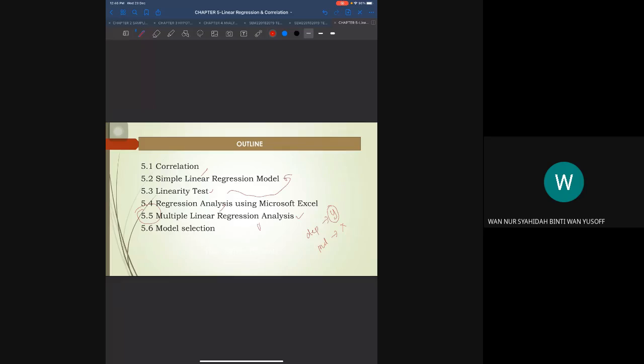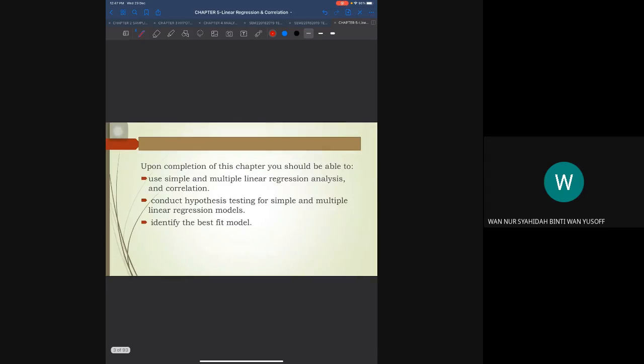It will be manual calculation on that. But still we have the output from Microsoft Excel. So when we give you the output, you should be able to read it: that value represents what. Okay, that's the introduction.